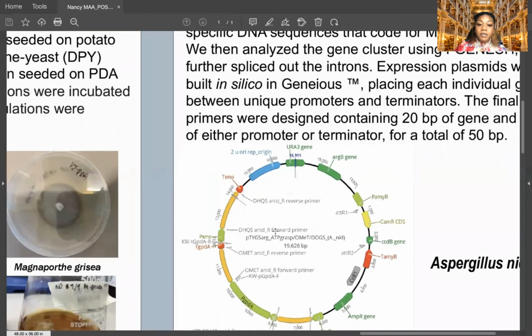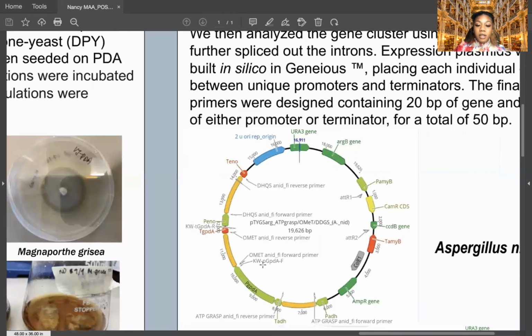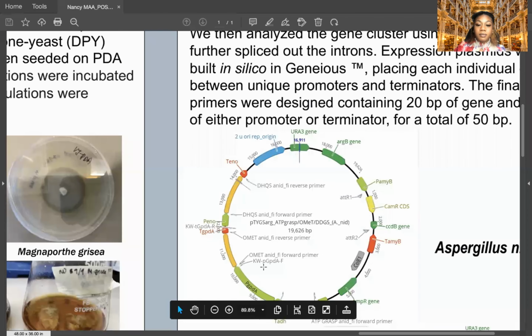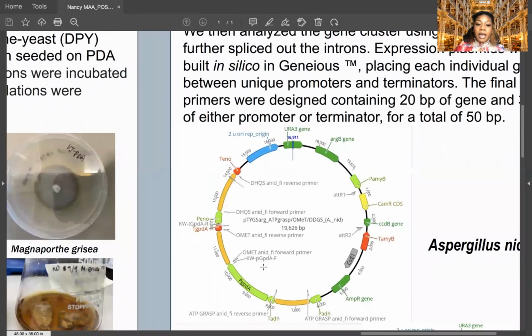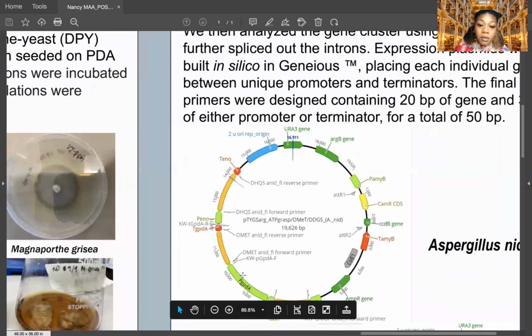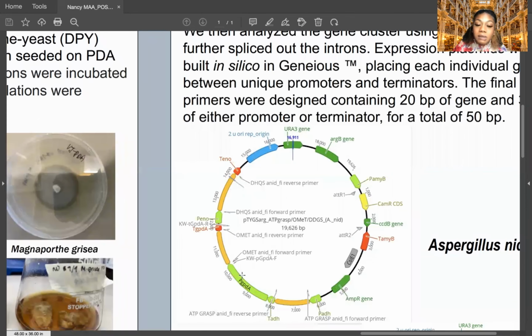So you can see here we have the primer that I created for Aspergillus nidulans. And for our O-methyltransferase, for example, we put it in between the promoters and the terminators for GPD, which is one of the promoters in our plasmid.